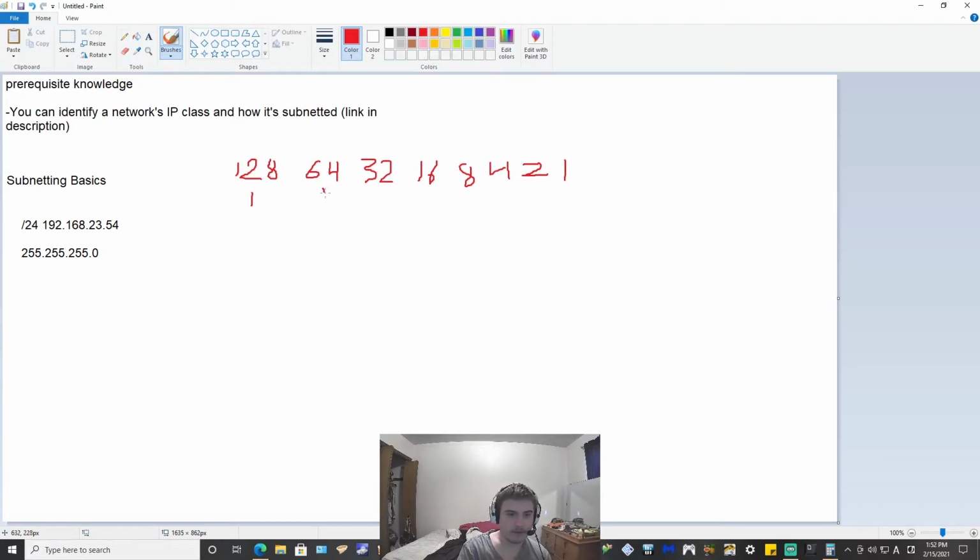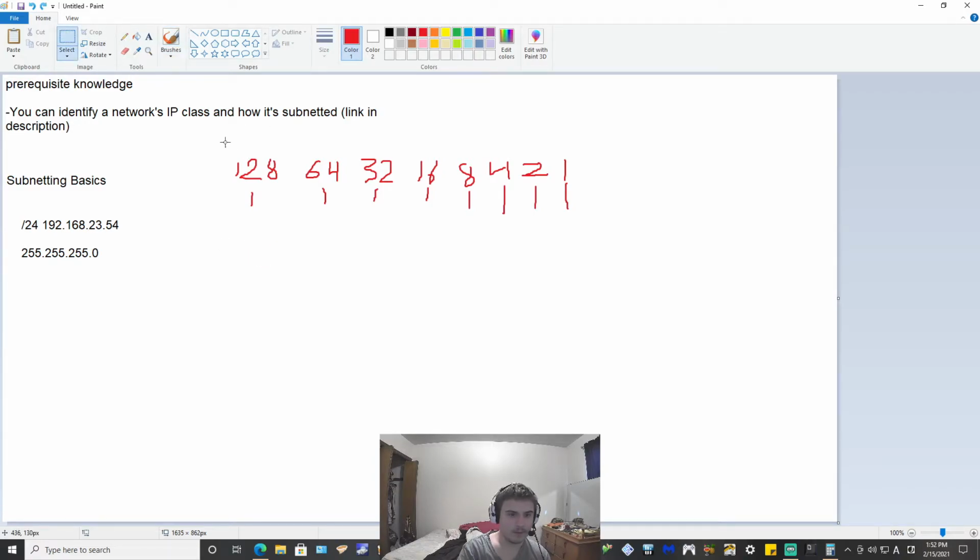So for 255, this is the 1st bit, this is the 2nd bit, this is the 3rd bit, the 4th, the 5th, the 6th, the 7th, and the 8th. So these bits can also turn out like this. Here, you know what?